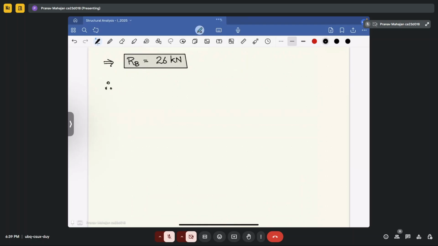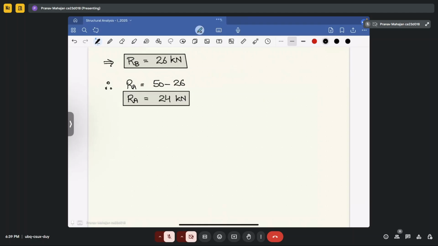Now calculate the value of RA. RA will be equal to 50 minus 26 equal to 24 kilonewton. Fine. Now what we will do, now total we have RB equal to 45.